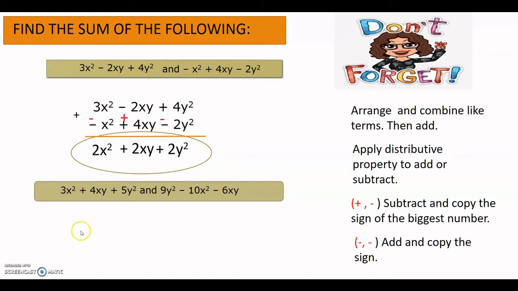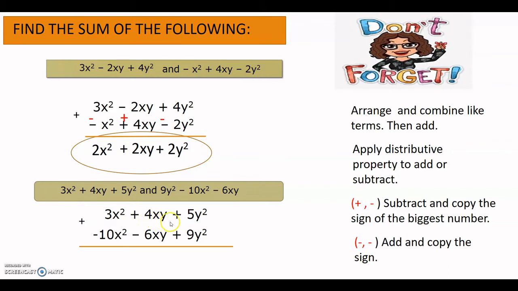Let's go to our second example. We have 3x squared plus 4xy plus 5y squared and 9y squared minus 10x squared minus 6xy. So let's rewrite our trinomials. We have 3x squared plus 4xy plus 5y squared. Then our second trinomial, we will put it according to the terms, or if they are like terms, we will put it below, under the first trinomial.